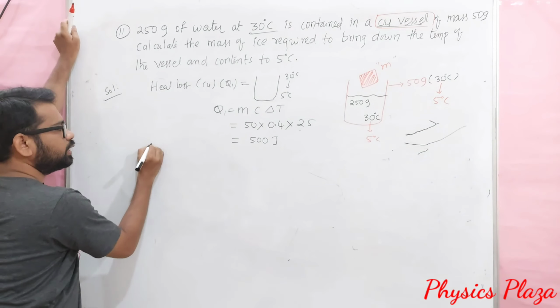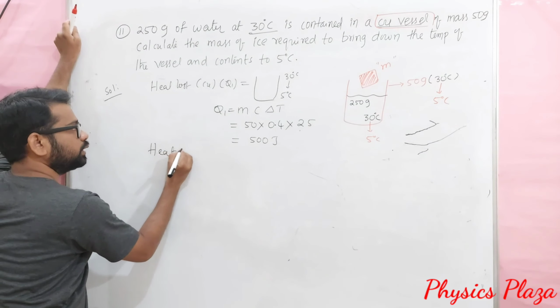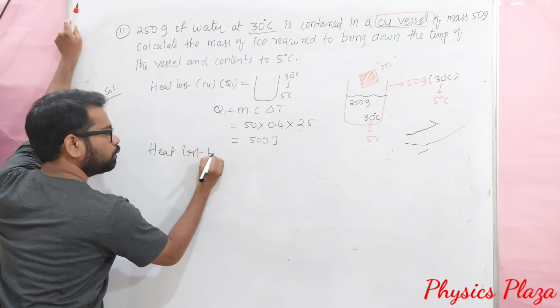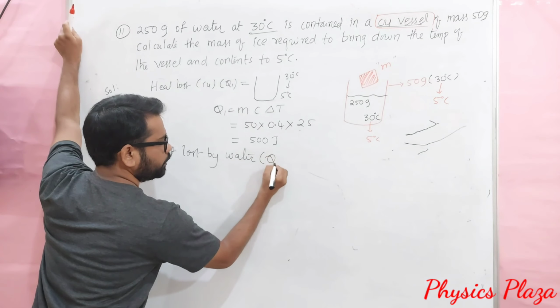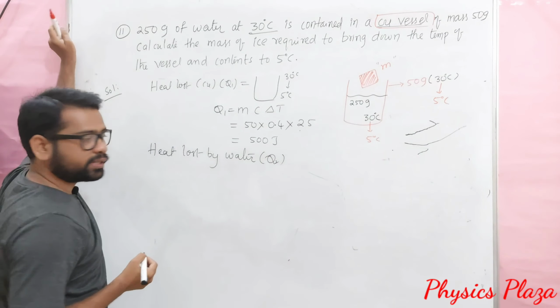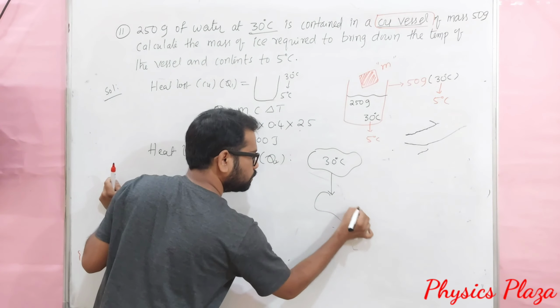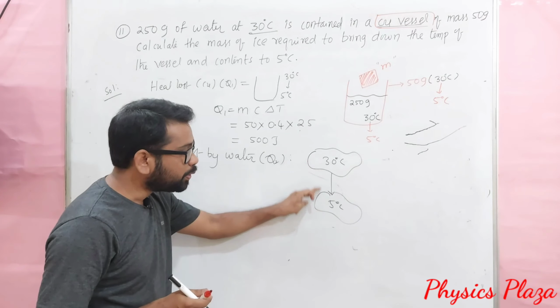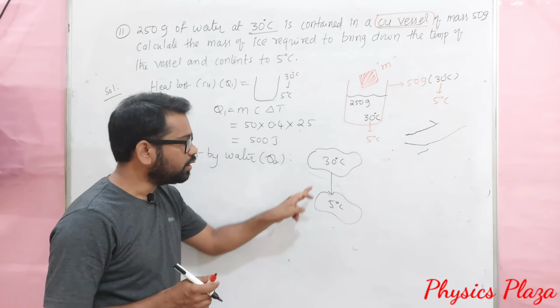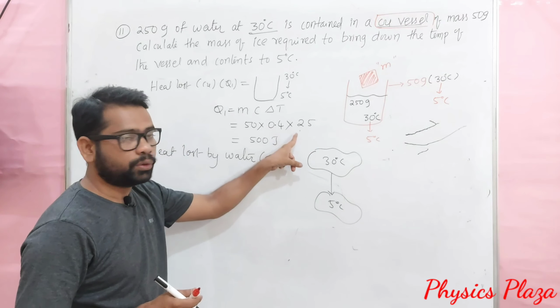Now let us calculate heat loss by water. Let us say it is Q2. So here also, dear children, here is water at 30 degrees Celsius, and its temperature is brought to 5 degrees Celsius. So there is a change in temperature but no change in state. So here we have to use mc delta T only.